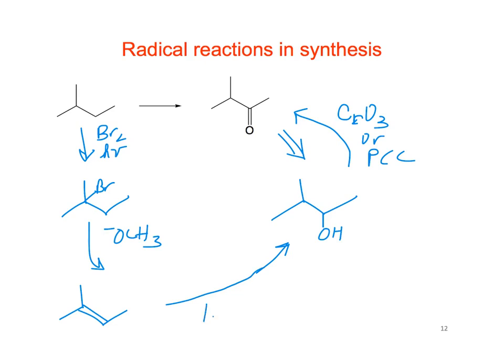So this, again, like the last one, is going to involve borane and basic hydrogen peroxide. Alright, so these are just some examples on how we can convert alkanes into functionalized molecules.